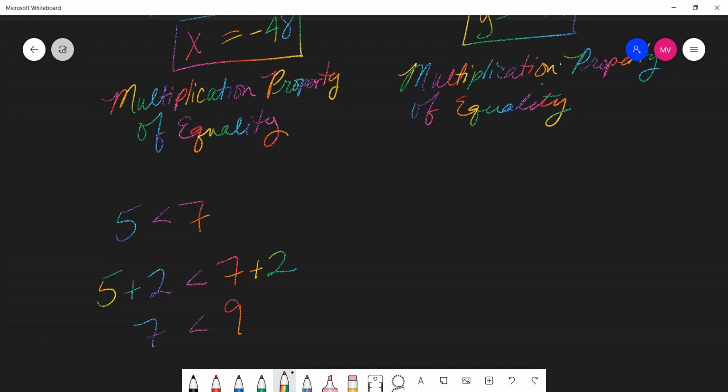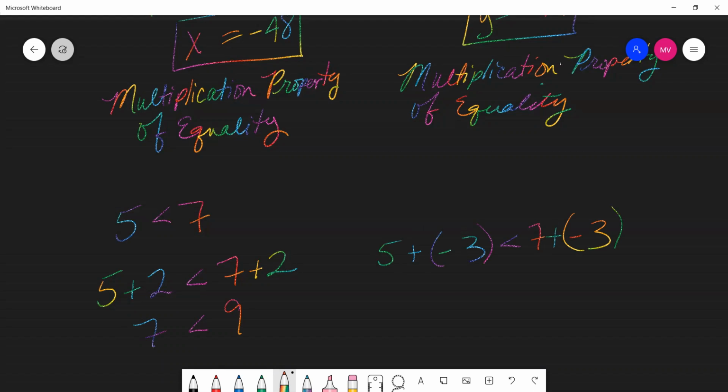So no matter what I add or subtract to both sides, let's look at, what if I did 5 minus 3? Is that still less than 7 minus 3? Which is essentially what I'm doing there, I'm saying 5 plus -3. That's why we still call it the addition property, even when we're subtracting.